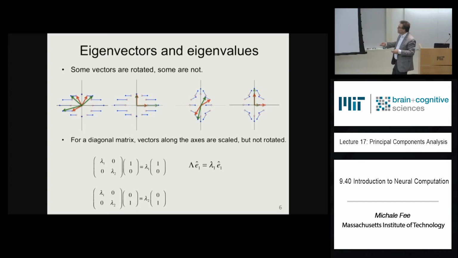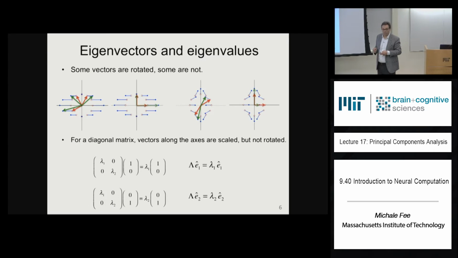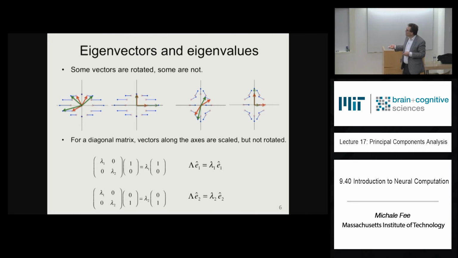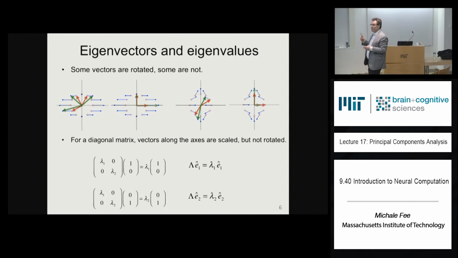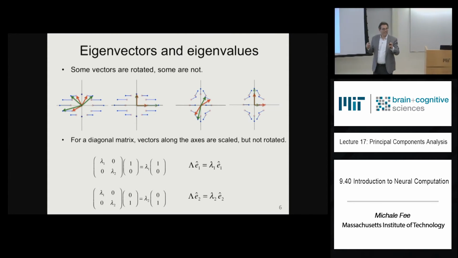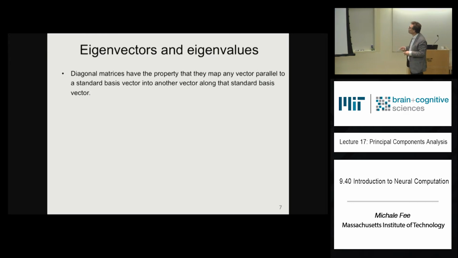And if we do that same multiplication for a vector in the y direction, we get a constant times that vector in the y direction. So we have another equation. This particular diagonal matrix has two vectors in special directions, in the sense that they aren't rotated, they're just stretched.